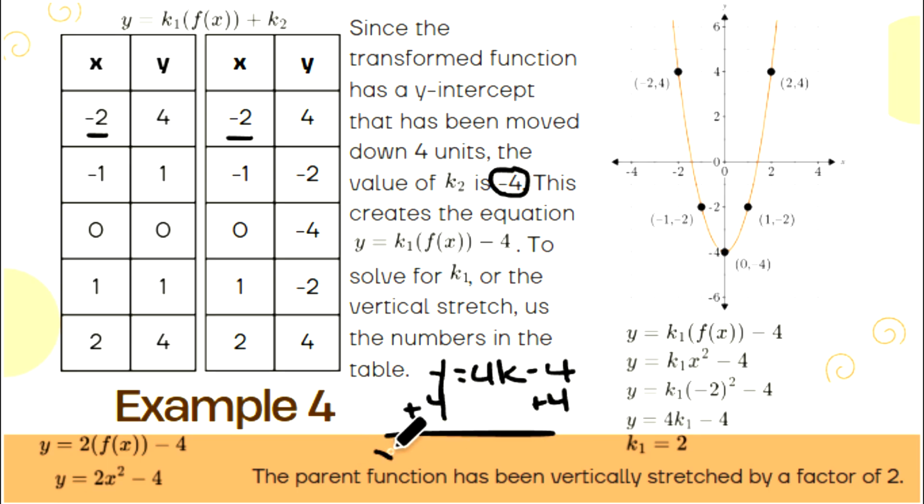So that gives us y plus 4 is equal to 4k, because now we're going to divide by 4 to get k by itself. Divide by 4, and I'm out of room, so I'm coming up here, which is going to be y plus 4 over 4 equals k. But they ended up with k equals 2. Well, we already knew what the slope was because it's rise 2, run 1.